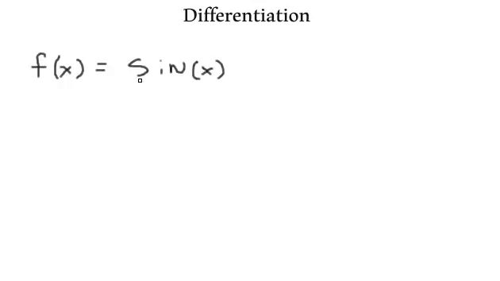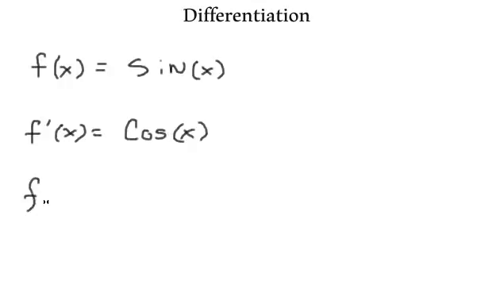Right? So you need to memorize that the derivative of sine x, so if we're asked to find f prime of x, the derivative of sine x is cosine x.